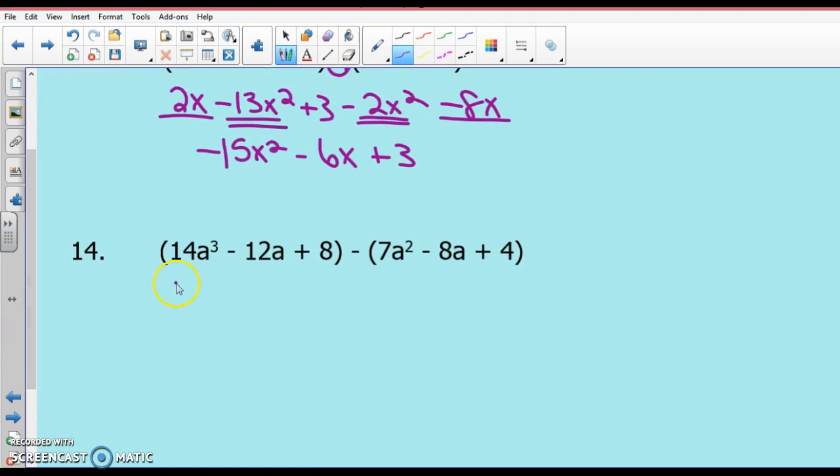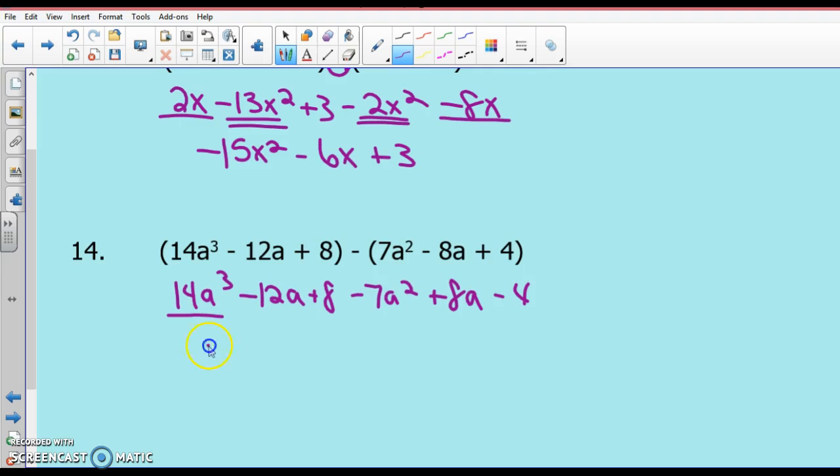This one, 14a cubed minus 12a plus 8. This is going to be minus 7a squared, what? Plus 8a minus 4. You need to subtract the entire second quantity. Combine like terms. 14a cubed.